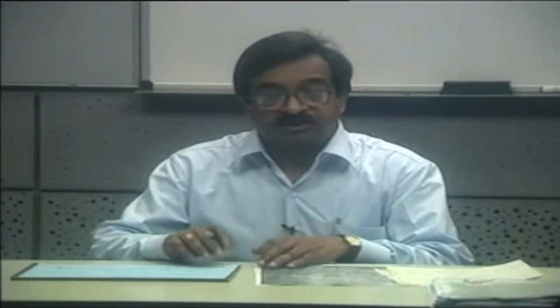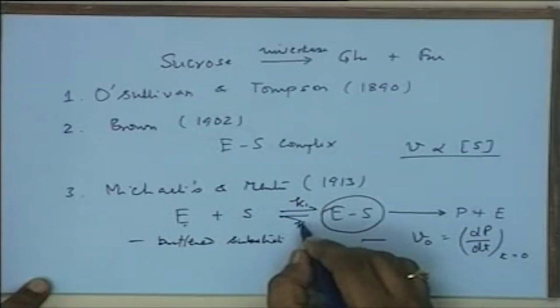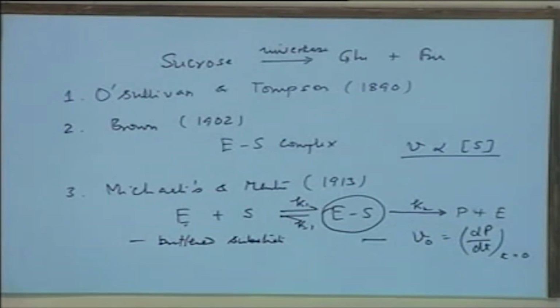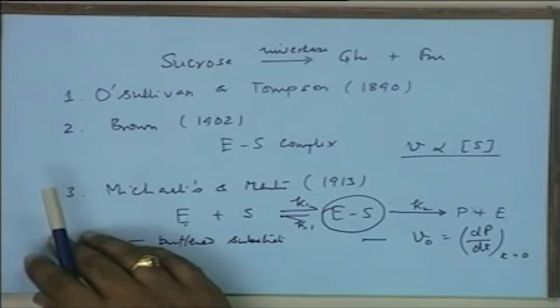And based on this hypothesis, he developed his rate expression. Basically, you can write down the rate constants here, K1, K minus 1 and K2, for the 3 reaction steps that are involved. In this case, one can write down the rate expression using the equilibrium hypothesis.